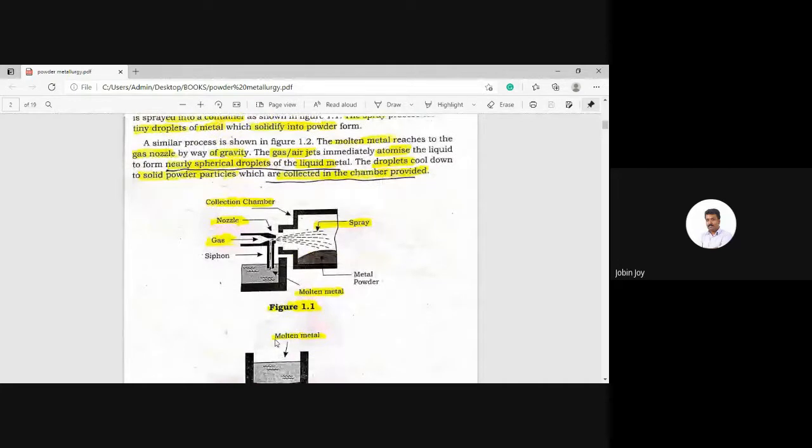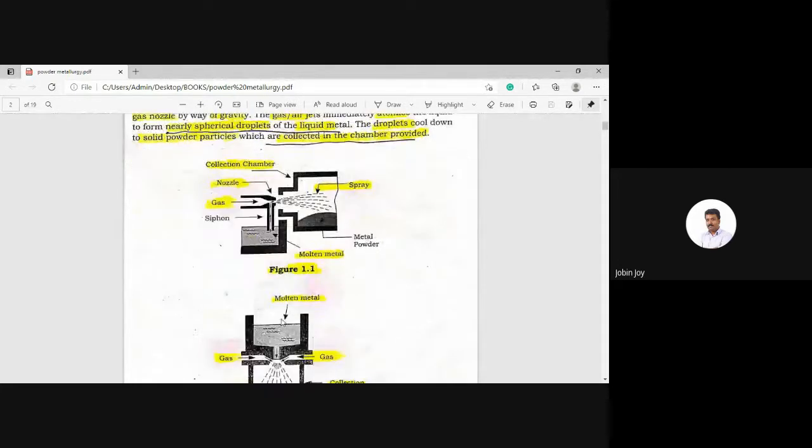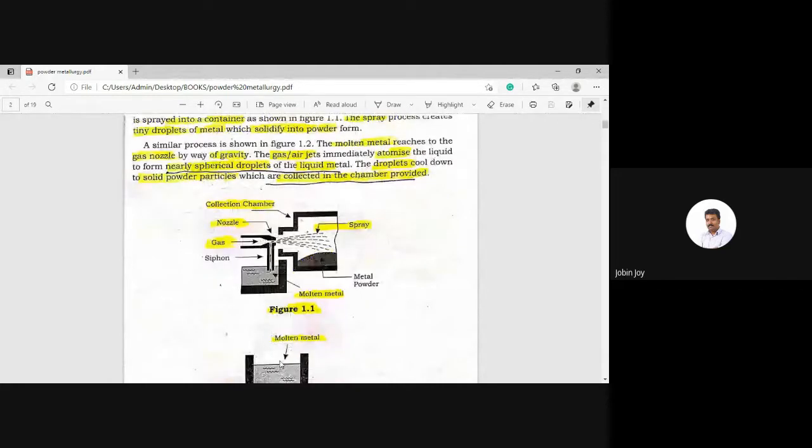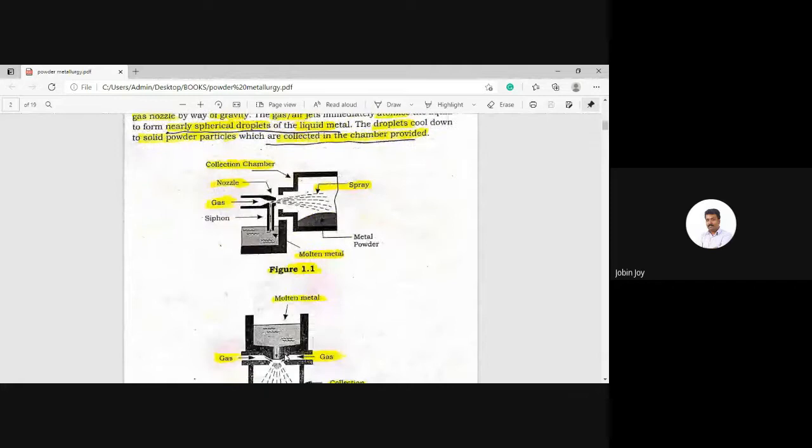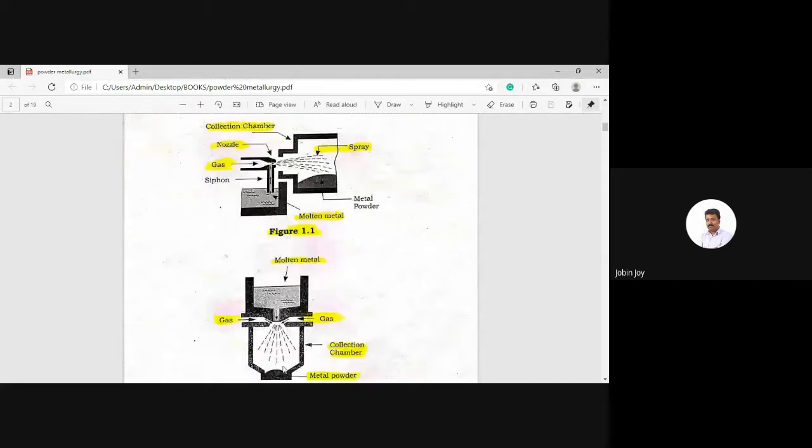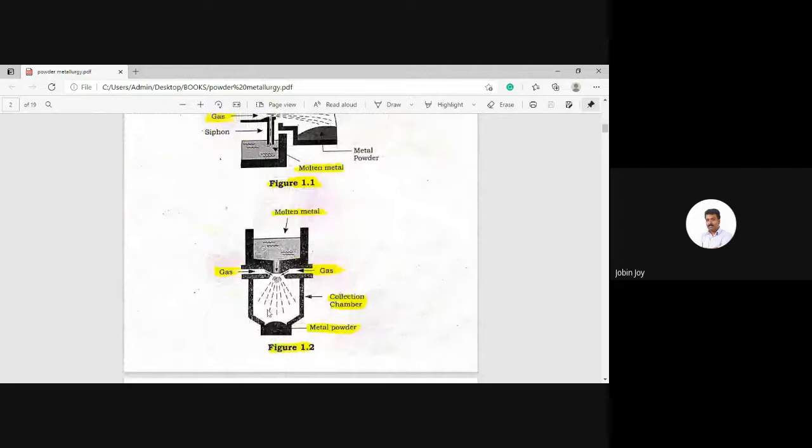Whenever the molten metal comes in contact with the air or gas jet, it will immediately atomize the liquid and form nearly spherical droplets of liquid metal. So in gas atomization, the droplets are spherical in shape. These spherical droplets cool down to solid powder particles, and the powder particles are collected in the collection chamber.